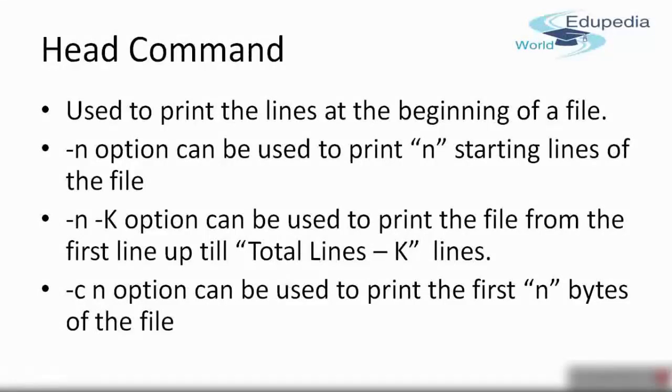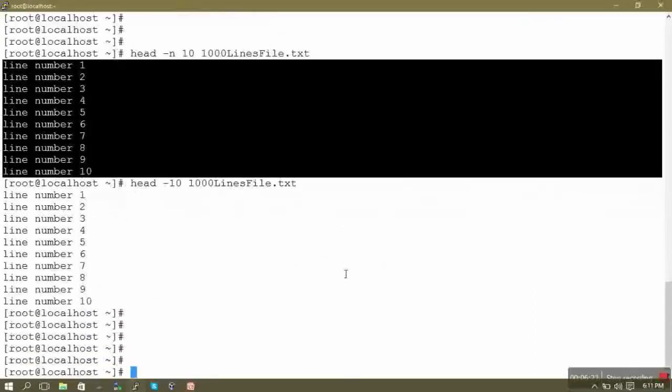There are 1000 lines. So if we want to print say up till the line number 400, what you can do is give -n minus 600. So minus 600 will make it print only 400 lines. Total lines is 1000 minus 600 is 400. So that is another option available in the head command.